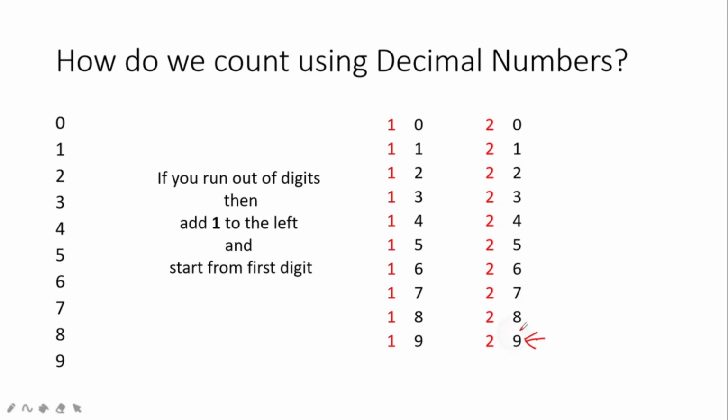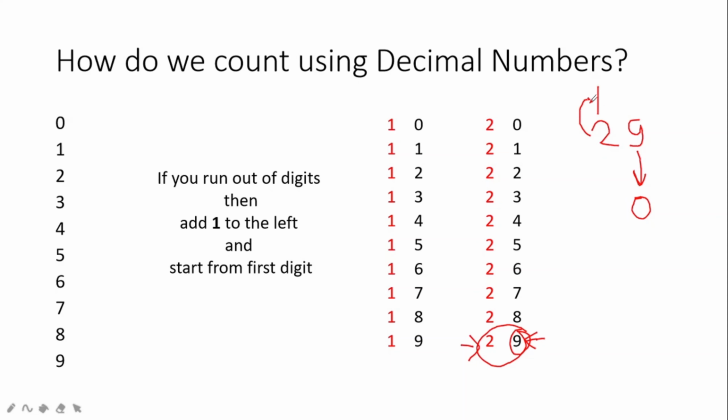Now again here we run out of digits. So to find out the next number after 29, first find out what comes after this 9, which is at the unit place. We know that 10 comes after 9, so 0 here. Now as this 9 has a number before it, this 2, 1 needs to be carry forwarded.